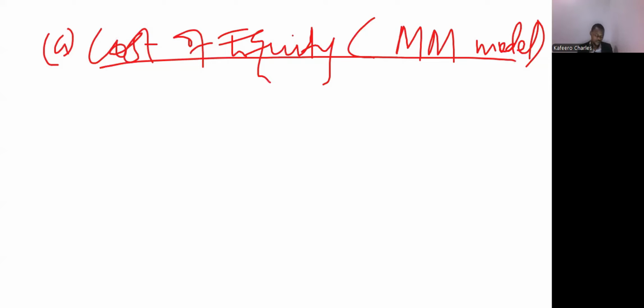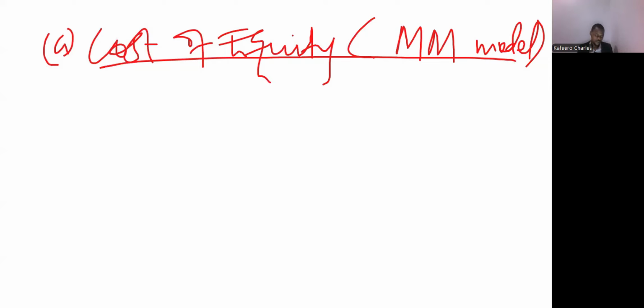Based on the information that we had, this is equal to KEG, the cost of equity of a geared company, equals KEU, that is the cost of equity of an ungeared company, plus, put this in bracket, KEU minus KD into 1 minus T, VD over VE.